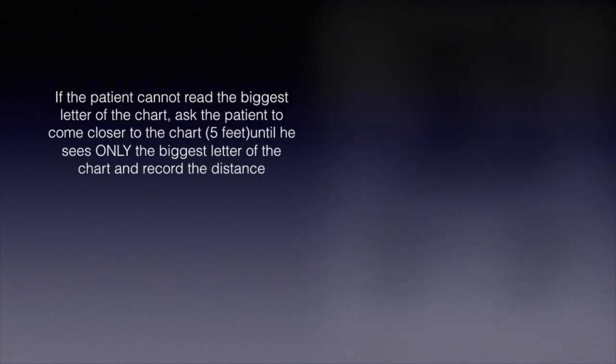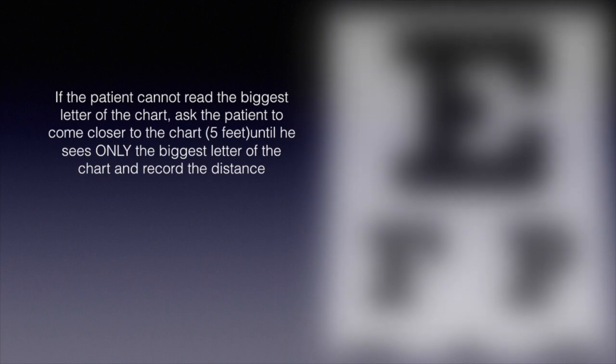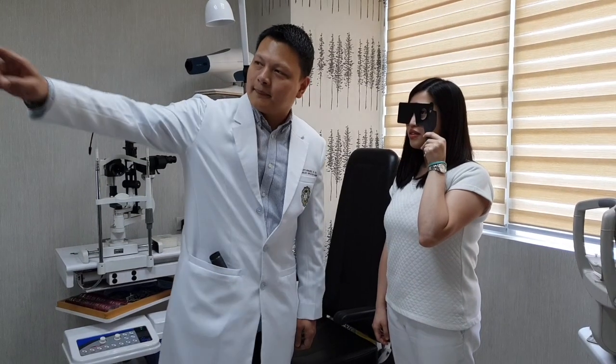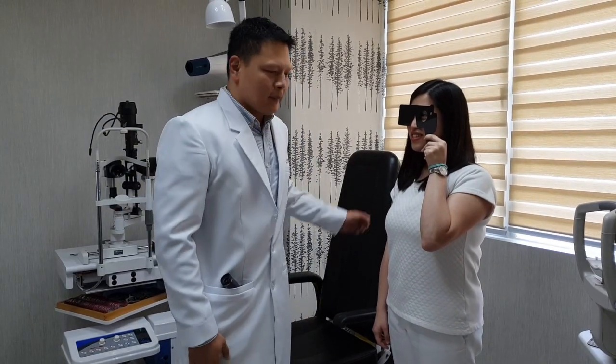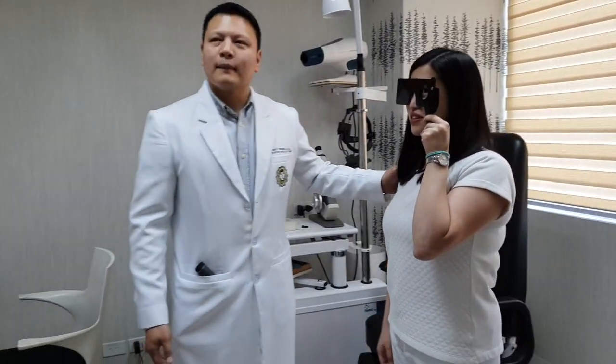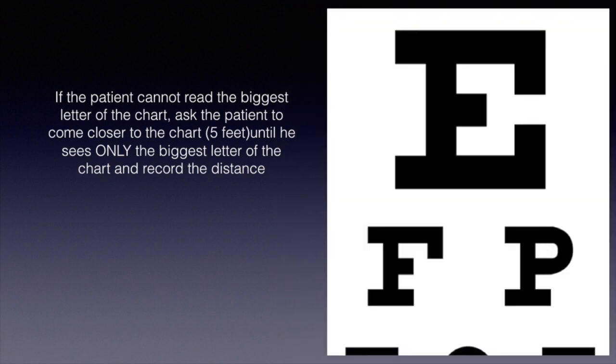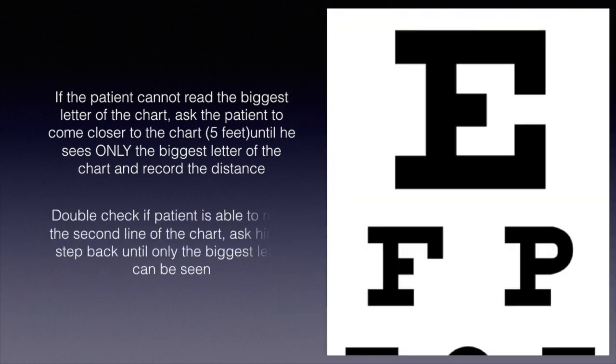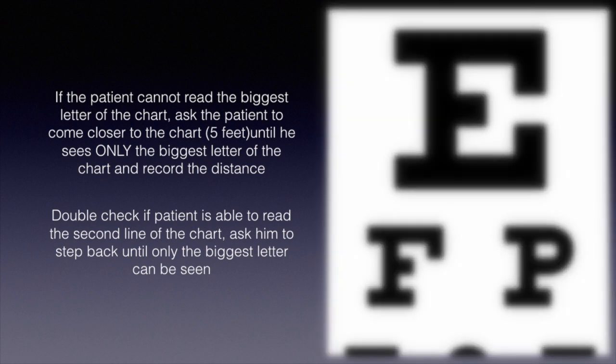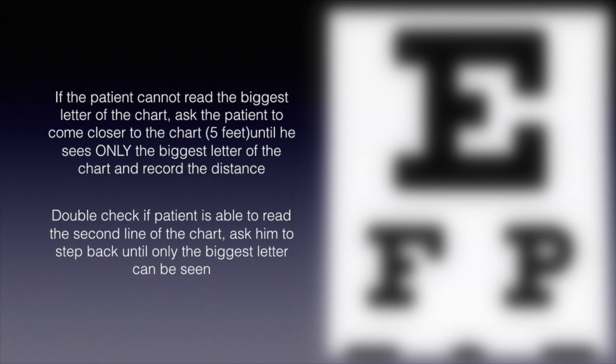For patients with low vision, if the biggest optotype on the first line cannot be read at 20 feet, ask the patient to move closer until she sees only the biggest optotype. Double-check by asking the patient to read the second line. If she is able to, she should move further away until only the biggest letter can be seen.